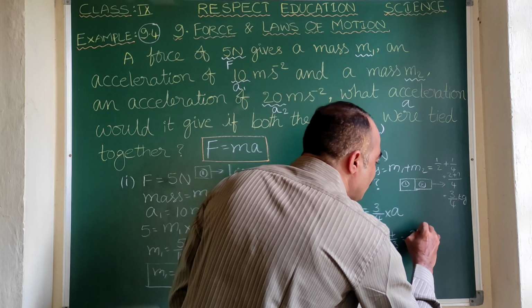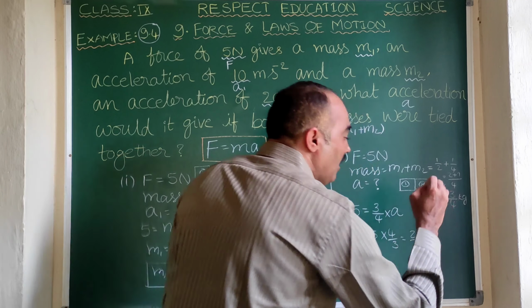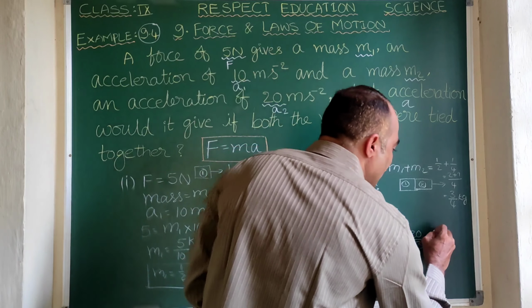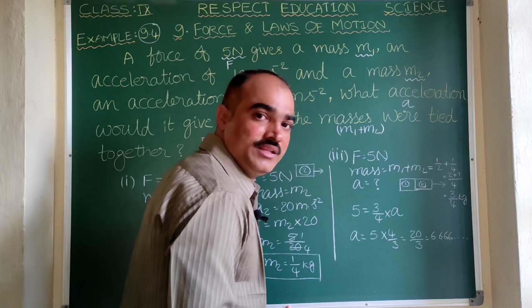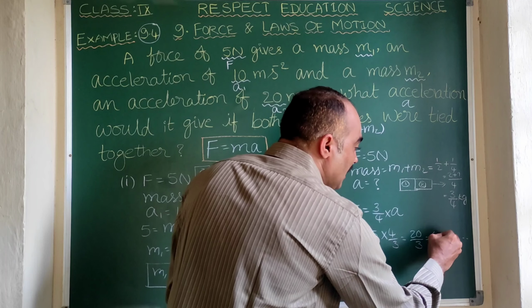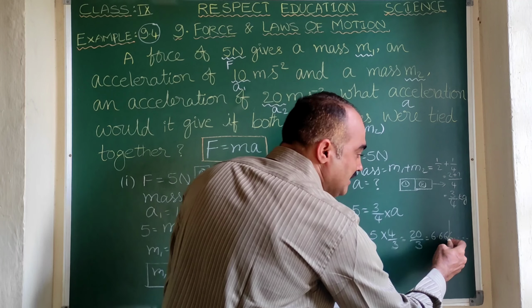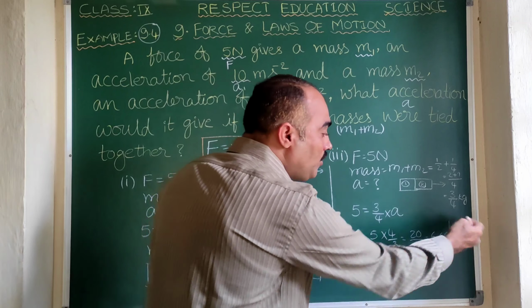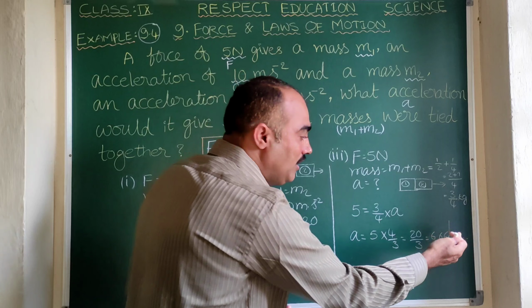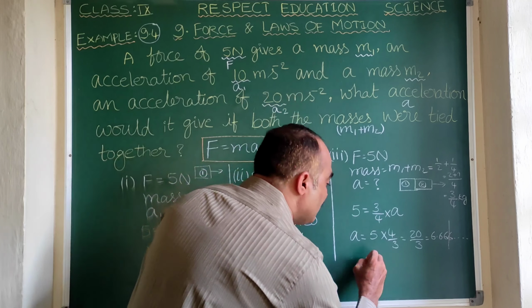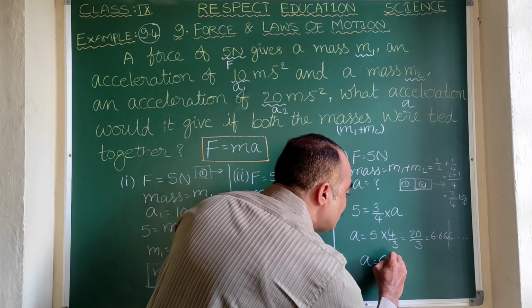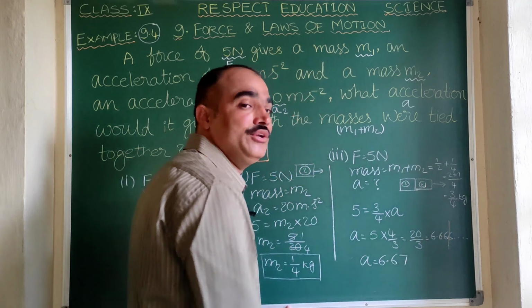So 5 4s are 20, 20 by 3 on dividing we get 6.666 and so on. Let us round it up. Since the next number is 5 or more than 5, 6 is clearly more than 5, so the previous digit can be raised by 1. Therefore a is equal to 6.67.